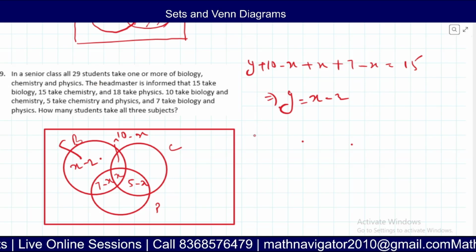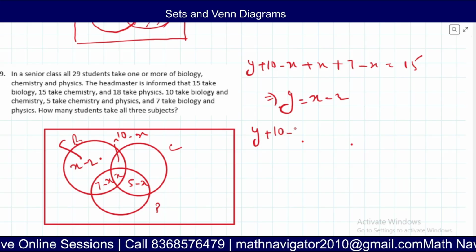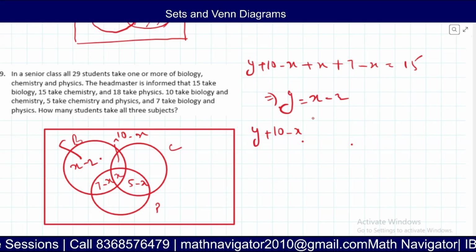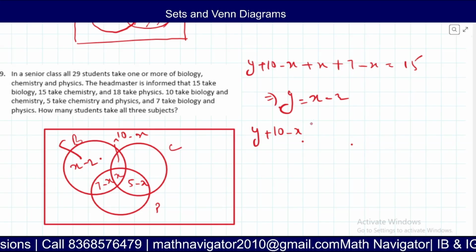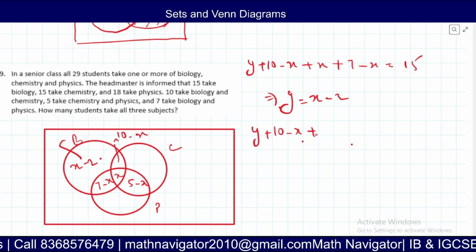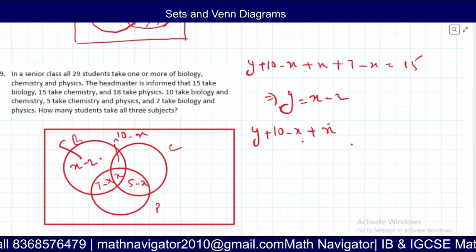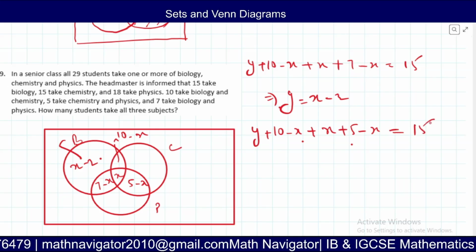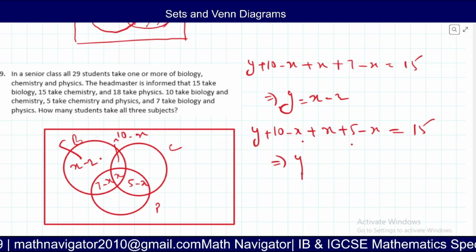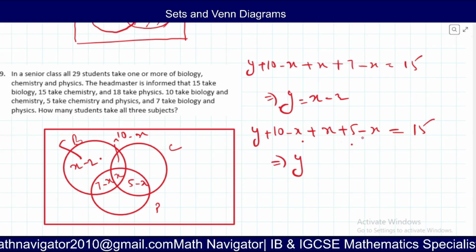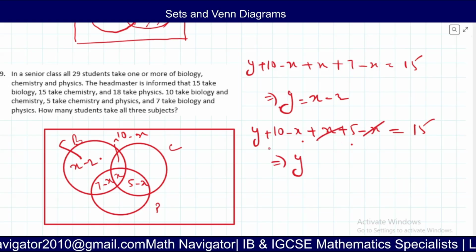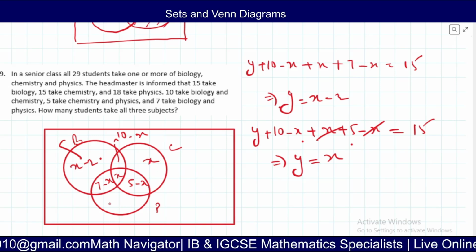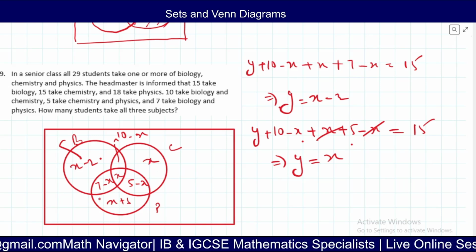So y plus 10 minus x plus x plus 5 minus x is equal to 15. So this will give me y is equal to x. So I'll put x here. Same way I can put x plus 6 here.